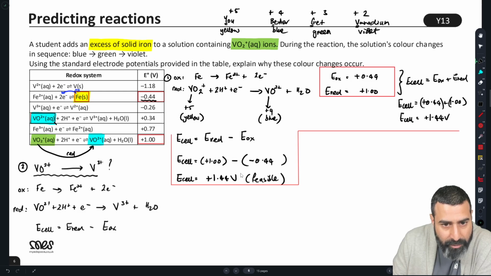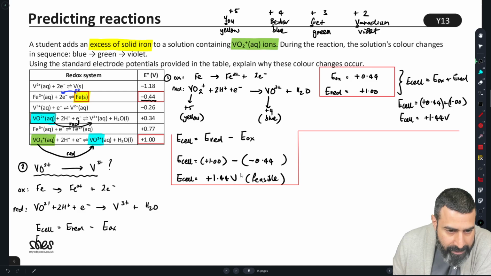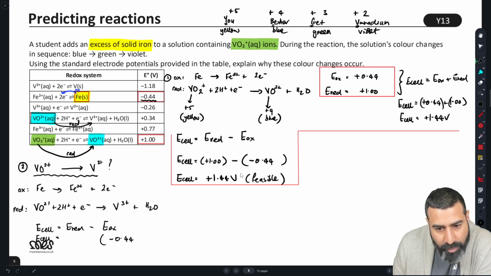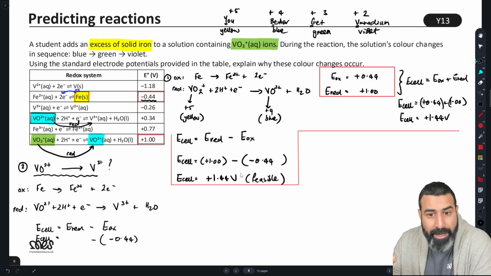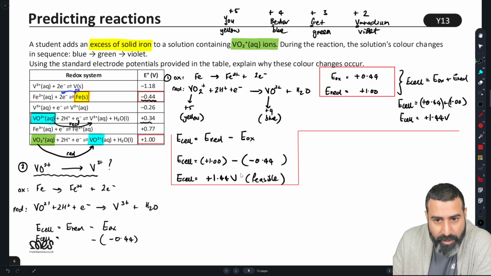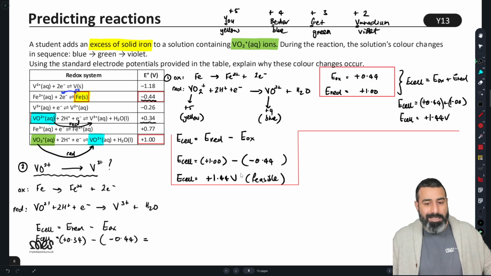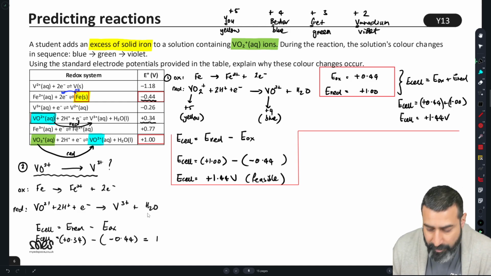So E ox is minus 0.44, and E red is this value here, which is plus 0.34. Let's process this. We get a value of plus 0.78 volts, so feasible as positive.